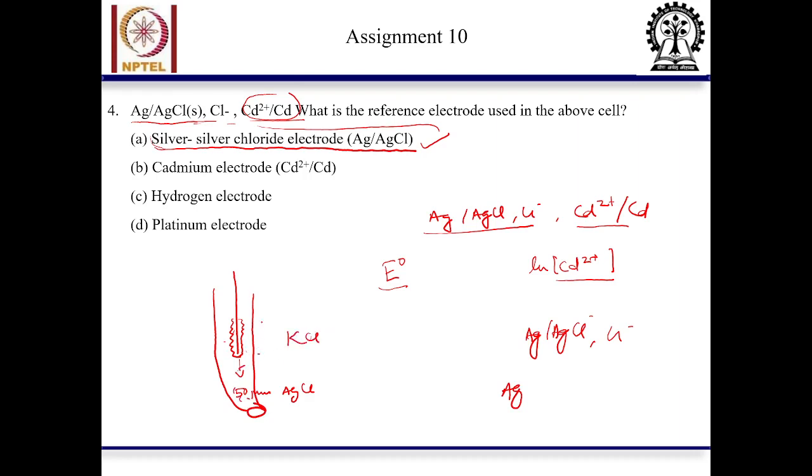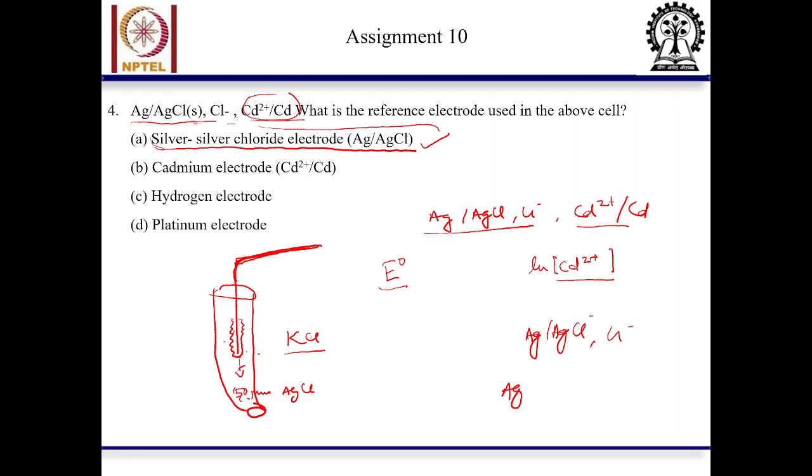Now this potential will not change because the Cl minus concentration is fixed. Here very small change will happen, right? So this is your reference electrode, whose potential is fixed, and you can take the contact from this silver wire. You can join silver with platinum, or you can take out silver itself. But silver, if you keep it in moisture, will form an oxide layer. So you have to be very careful while taking out this connection.